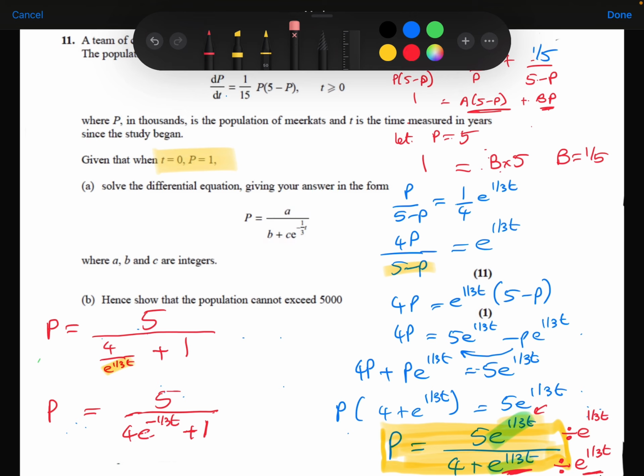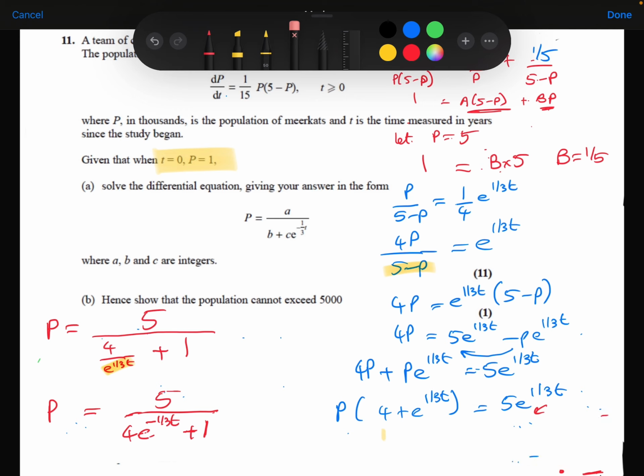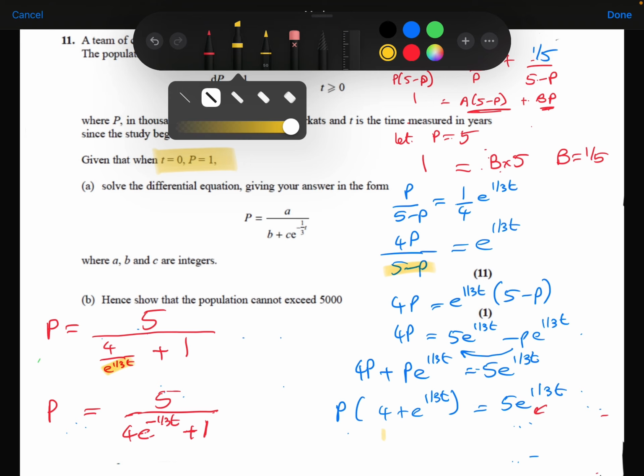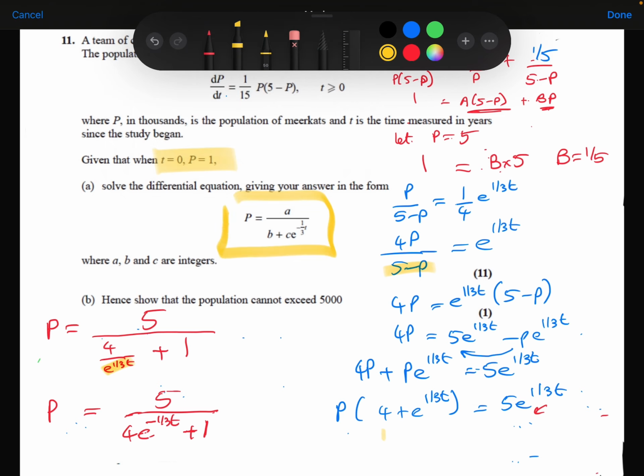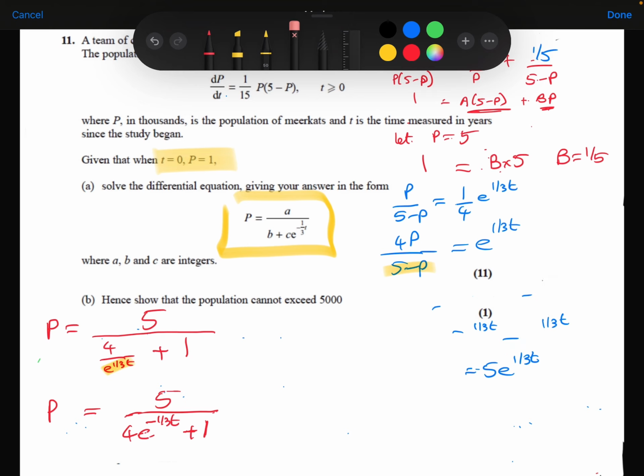And this now matches up perfectly with what I needed to show. I needed to show it in this form. So just comparing term by term there, the A is 5, the B is 1, the C is 4. So that's part A of this question.